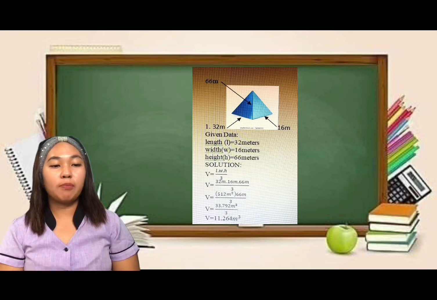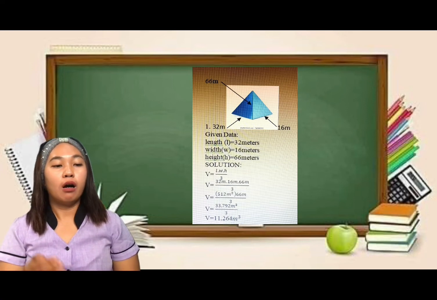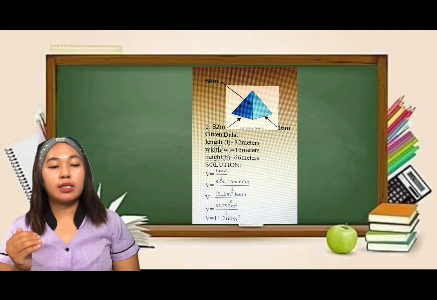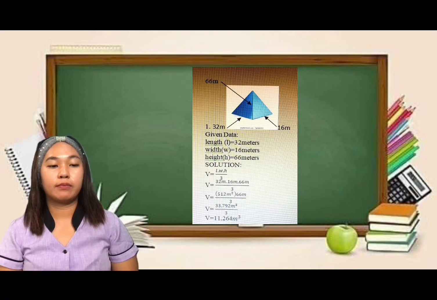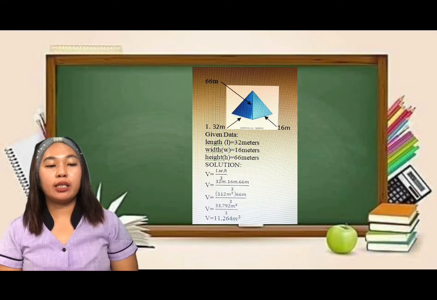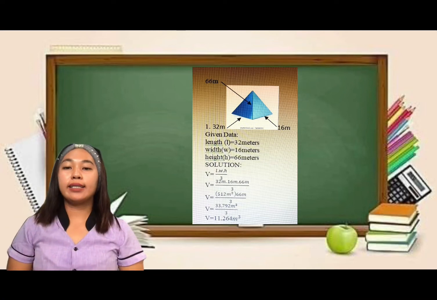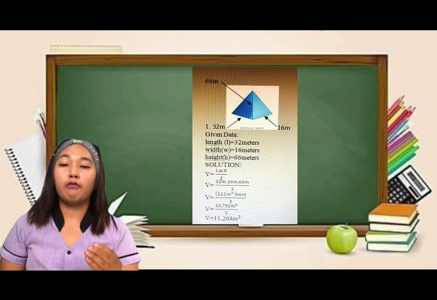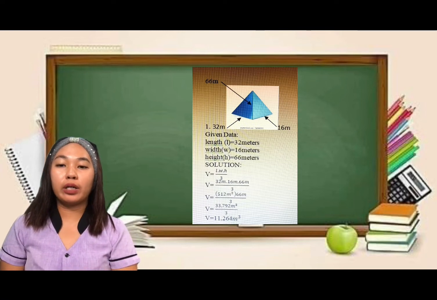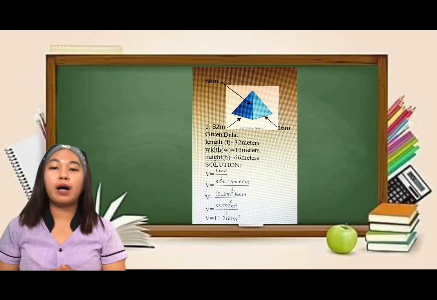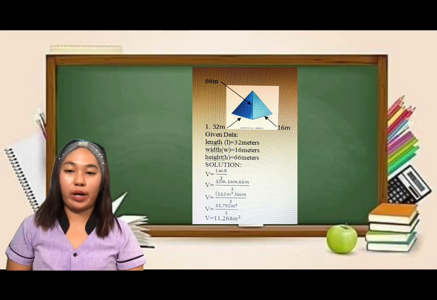Let us now multiply the first pair. Volume is equal to 32 meters times 16 meters, which is 512 meters squared.